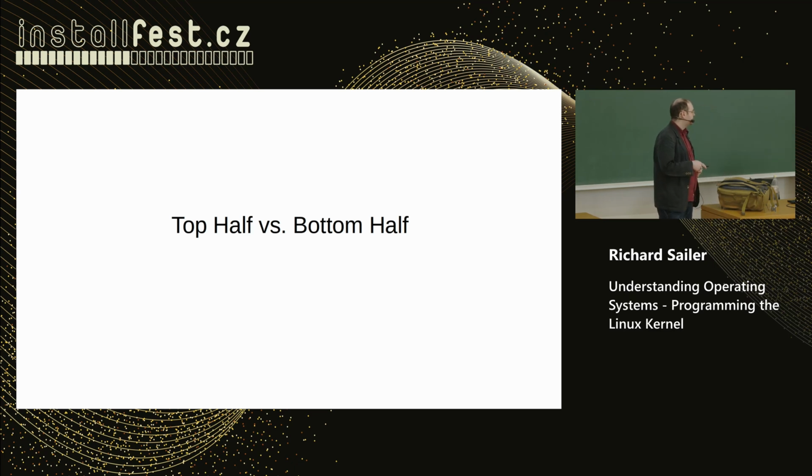This other work is the bottom half, and the top half is the interrupt handler. Sometimes the whole thing is called interrupt handling by some books, but most books call this just the interrupt handler and this the bottom half.